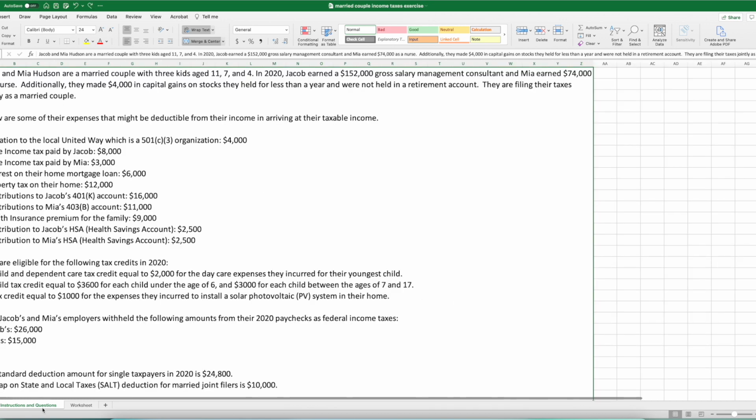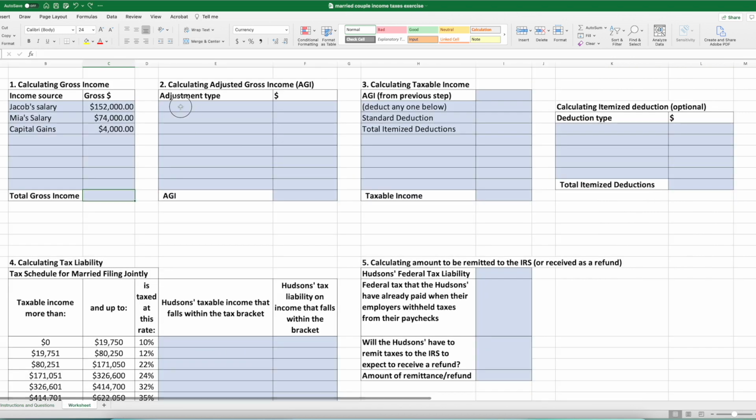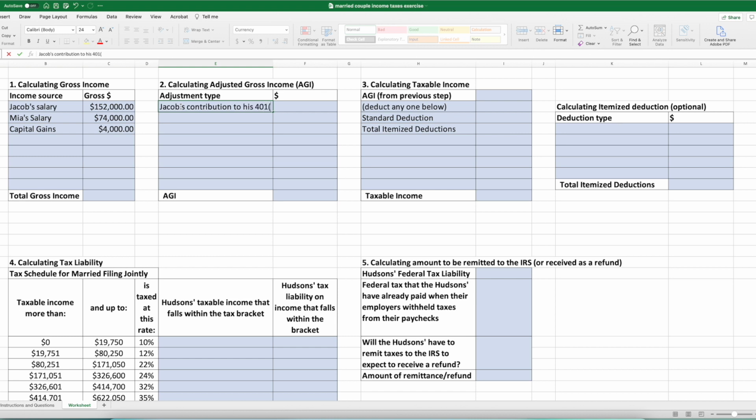Okay, and these above-the-line deductions are things such as their contributions to their retirement accounts. A 401k account is a retirement account, so the contribution that Jacob made to it is an above-the-line deduction. So Jacob's contribution to his 401k account, $16,000.